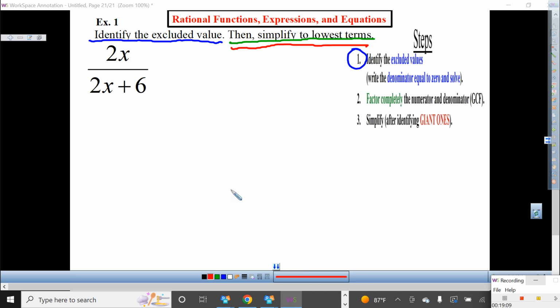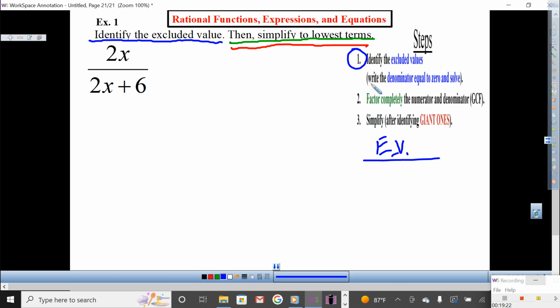So for right now, copy this so far, up to right there. All right, here we go. Writing utensils down, look up to the screen. Let's say for this problem, they only asked me to identify excluded values. So I'm going to do it in a separate part so that you can see that it's totally different from this. I'm going to write over here EV. What does EV stand for? Excluded value. Okay. So what does this say here for identifying excluded values?